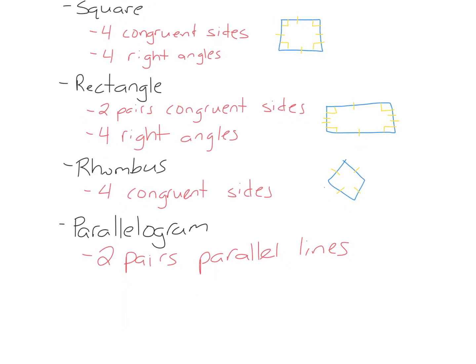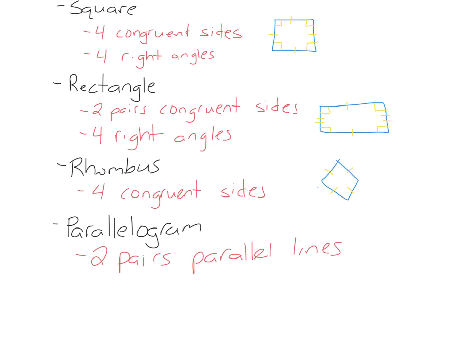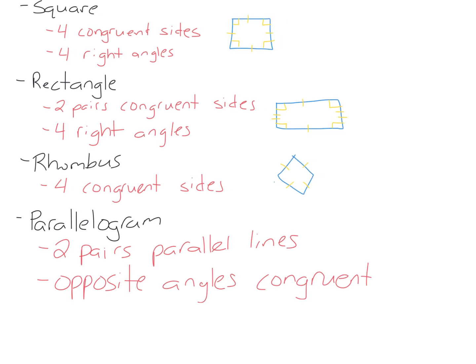What else do we know about a parallelogram? What do we know about its angles? No, 2 are the same, 2 are different. Which 2? Opposite. Opposite or cross, like diagonal ones. Angles are congruent.